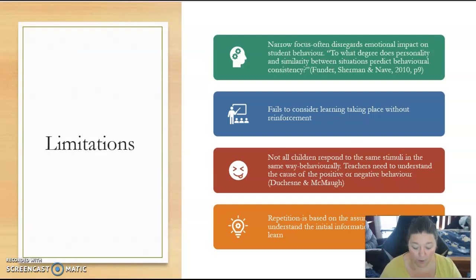This also supports our SOLO taxonomy, where that repetition of task is going to promote our pre-structural, unistructural and multistructural stages, where with each repetition we're gaining a little bit more knowledge, and the student will be able to express a little bit more information on the topic that's been presented. Therefore, their stages of SOLO taxonomy will be developing.